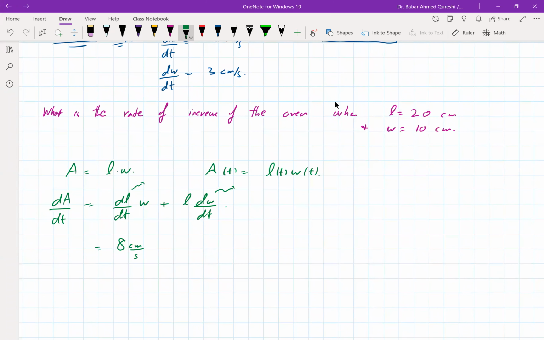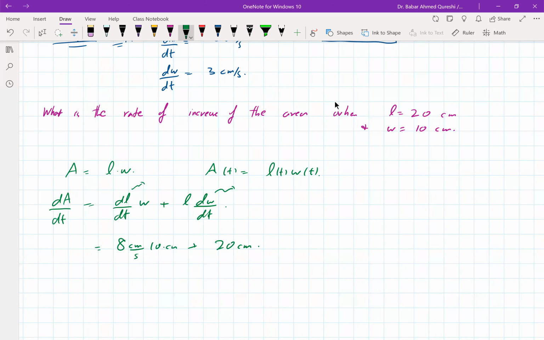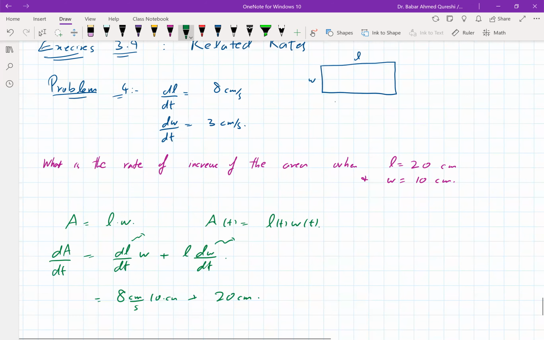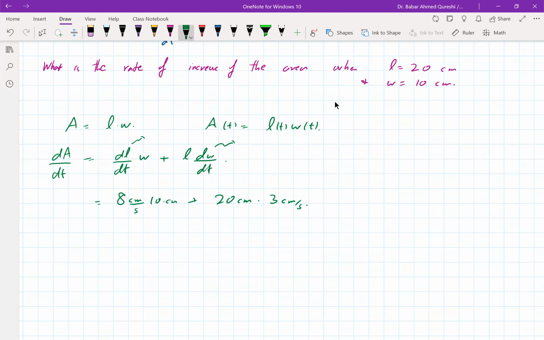And width is 10 centimeter plus 20 centimeter times the rate of change of the width was 3 centimeter per second. So it's simply 80 plus 60, so 140 centimeter square per second. That's the rate of change at this point.